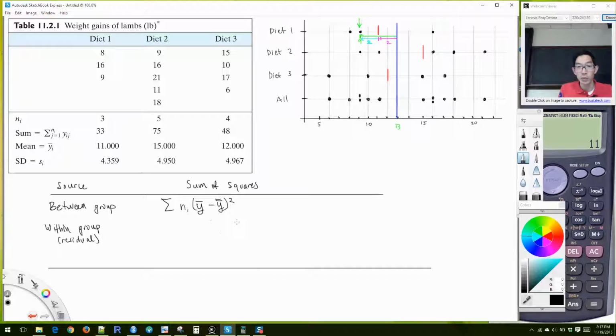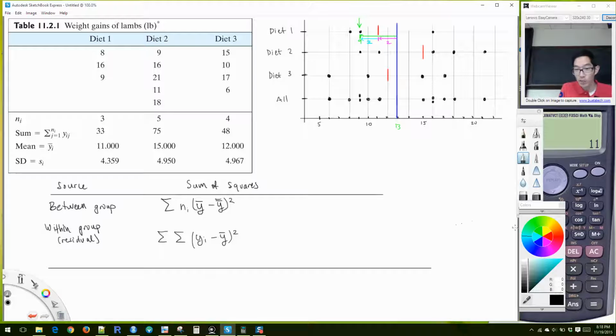And then within the group, we would take each individual data point y sub i, and we would subtract its own group average. So we would say this guy is 2 away from his group average, and we would square that difference, and we would add them up for all data points in the group, and then add them up for all groups.